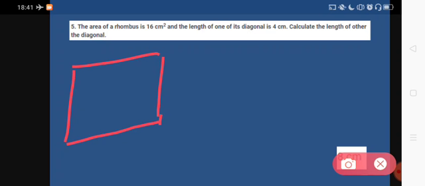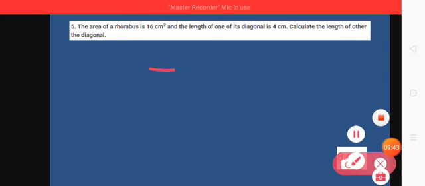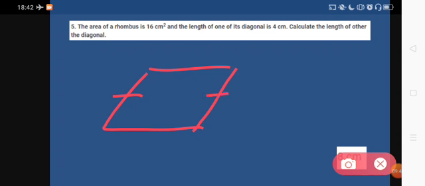A rhombus has 4 equal sides but the internal angles are not 90 degrees. In a rhombus, opposite sides are parallel and all sides are equal.